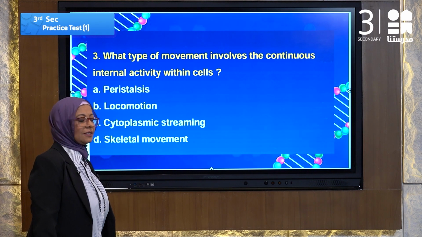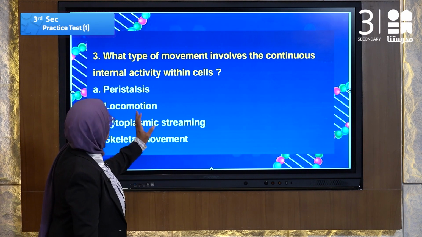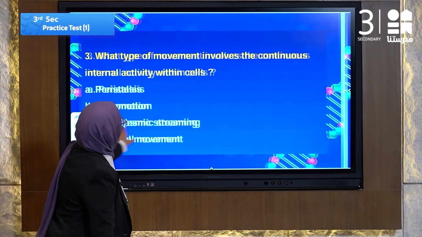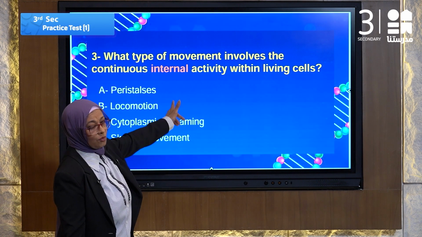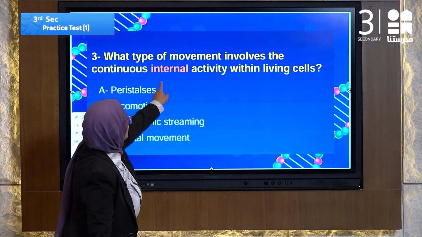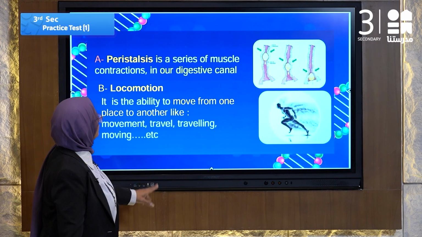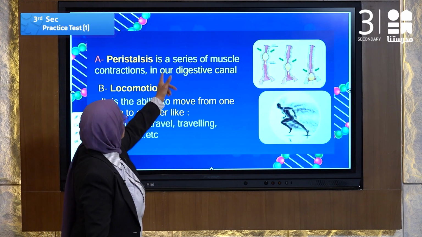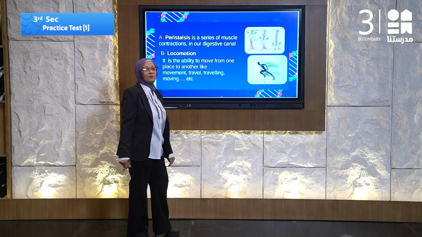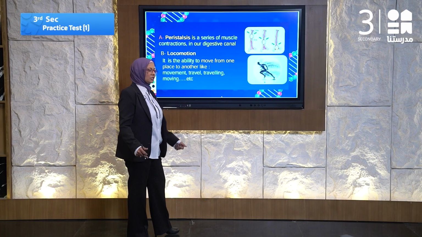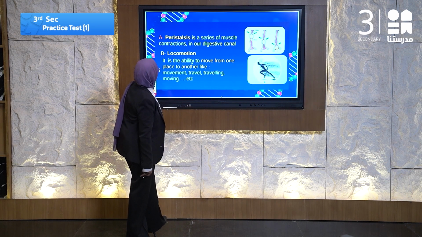Which choice? Let's discuss peristalsis. What is the meaning of peristalsis? You must consider the internal activity. Peristalsis is a series of muscle contractions in the digestive canal of your body.